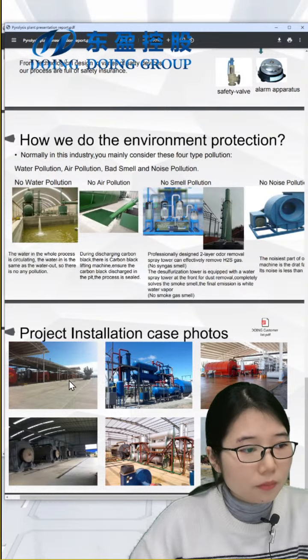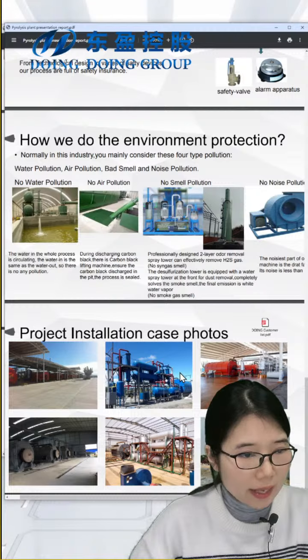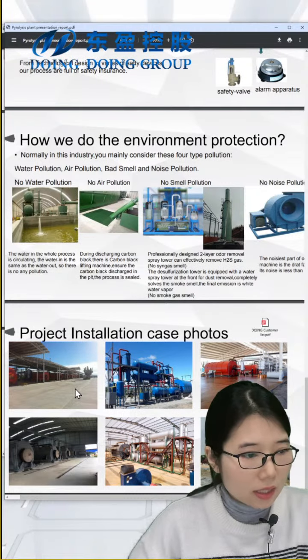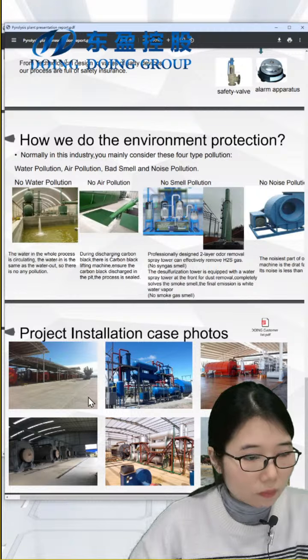There are some project installation cases. This is in Mexico, where we have set up 10 sets of 10-ton pyrolysis machines. This machine is installed in Georgia, and this machine is installed in Ghana.